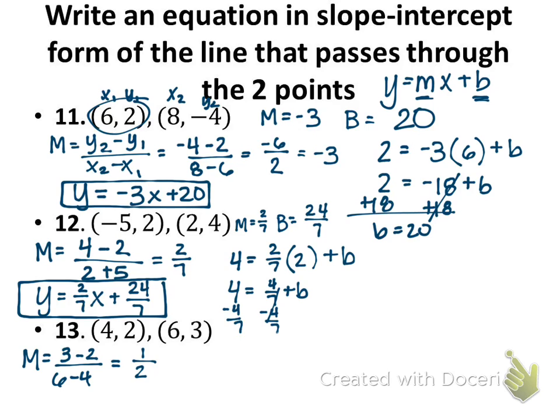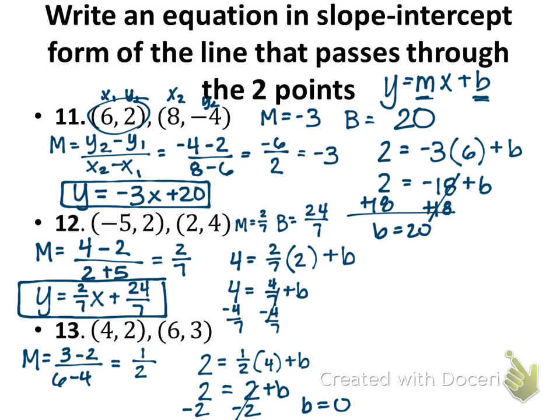First. So 2 is y, so 2 equals m, which is 1/2, times x, which is 4, plus b. What's 1/2 times 4? What's half of 4? 2. Now what would I do? Subtract 2. And what is b going to equal? 0.